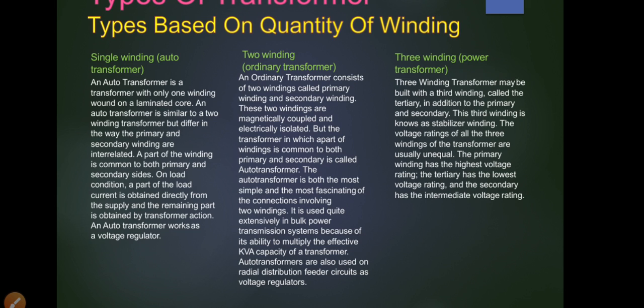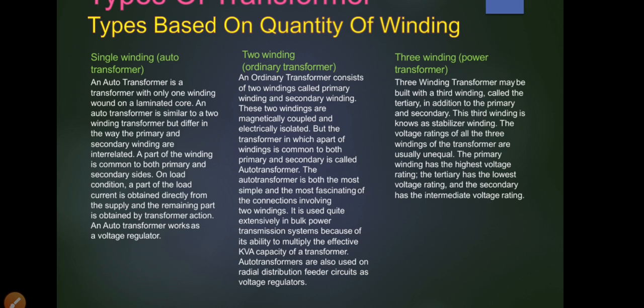The three winding transformer is called the power transformer. A three winding transformer may be built with a third winding called the tertiary, in addition to the primary and secondary. This third winding is known as the stabilizer winding.